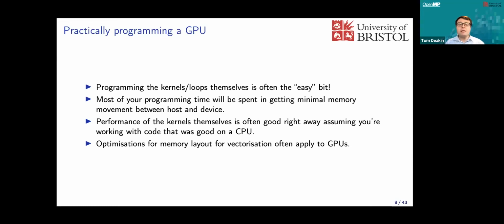Things like having coalesced memory accesses that would support good vectorization on the CPU are going to really help you have good performance on the GPU as well. So we're going to take this approach and break it down into the two parts: the parallelism on the GPU and the memory movement on the GPU as well.